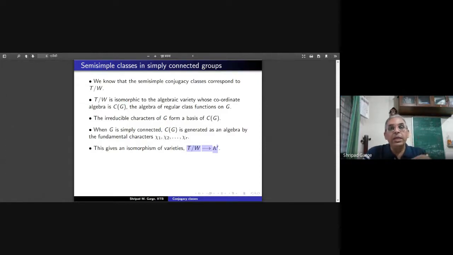Therefore, counting the number of conjugacy classes in G sigma, which is semi-simple, is the same thing as counting the number of conjugacy classes above which are fixed by sigma. That number is given by A^R fixed by sigma, and therefore its number is q^R. So this is some kind of proof.